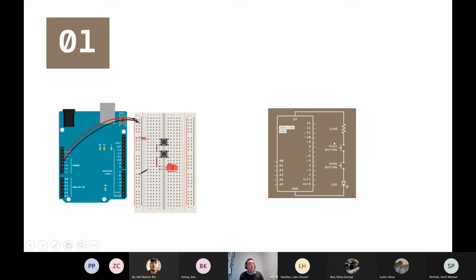Now you can probably guess that we need to push both the buttons for current to flow through the circuit. Otherwise, the 5-volt node up here is not connected in any way to the ground. So you always need to have a loop of some kind that connects up.